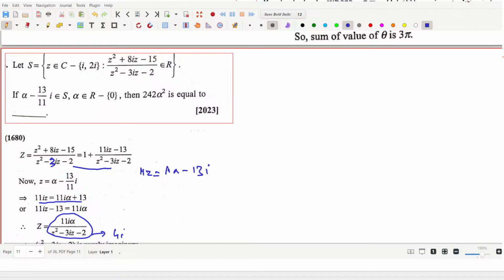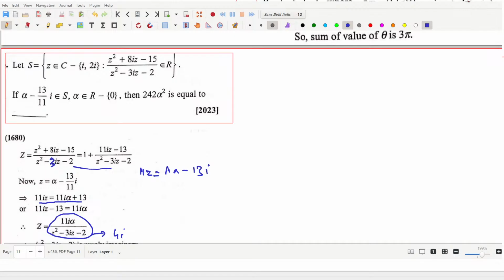Similarly, your beta is cos pi by 3 minus i sin pi by 3. That becomes cos 14 pi by 3 minus i sin 14 pi by 3. Please be careful. Whether it is cos theta plus i sin theta or cos theta minus i sin theta, it will still work, because cos theta minus i sin theta we can write as cos of minus theta plus i sin of minus theta, again of the form cos alpha plus i sin alpha.